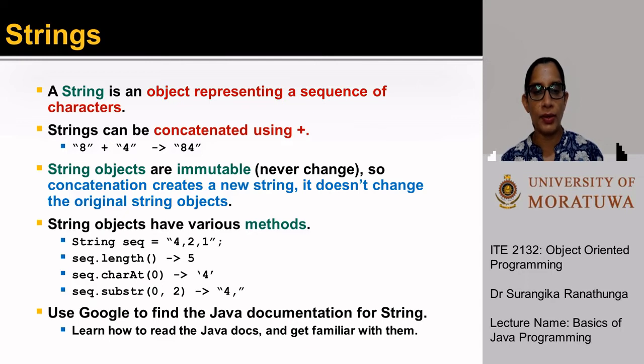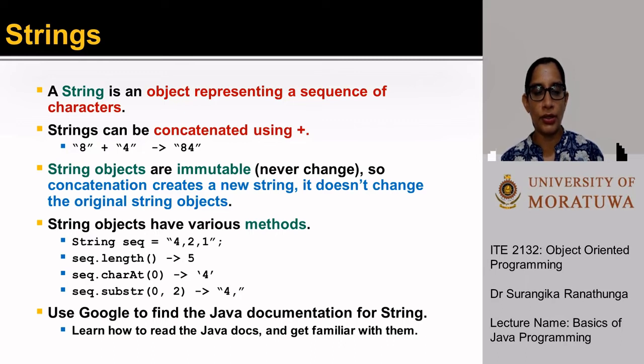There are various methods to manipulate the string. For example, if you want to get the length, you can use the length method. And if you want to get the character at a particular position in this string, you can use the charAt method. And if you want to get a piece of the main string, you can use the substring method, which is substring.